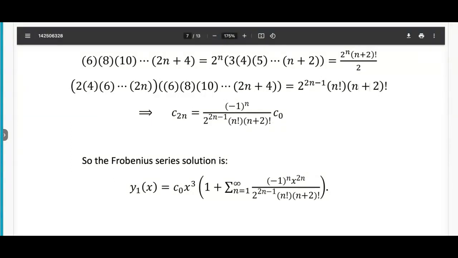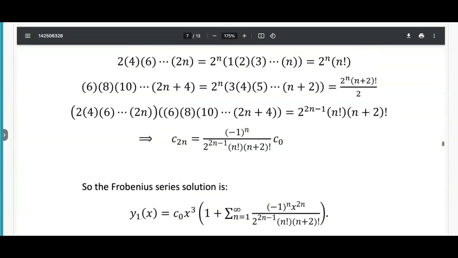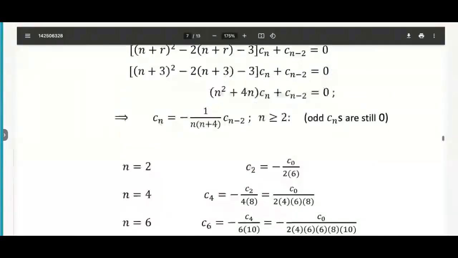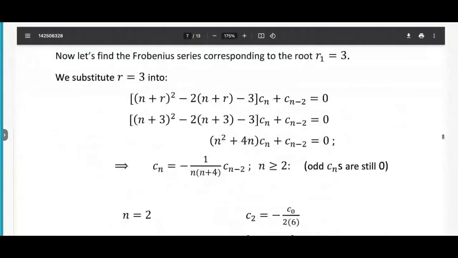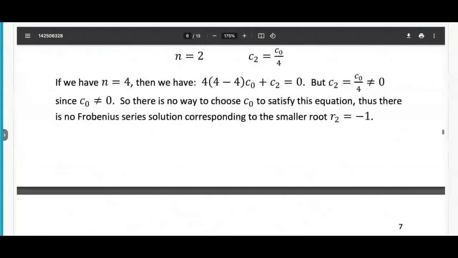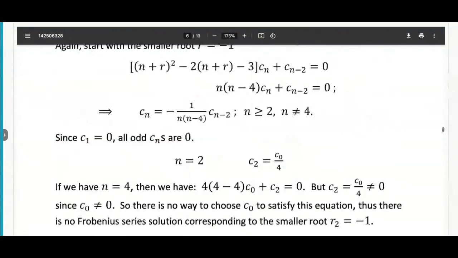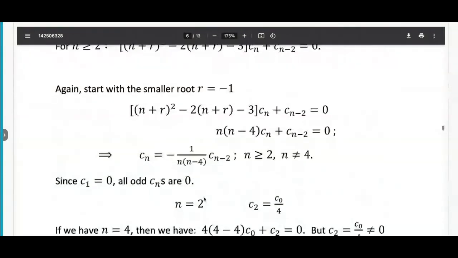Yes, David? Could you remind me why C of 1 was 0 again? C of 1, oh, it's a plug-in. We go back to the equations. See the C of n where it equals negative 1 over n minus 4? Yeah, that one.